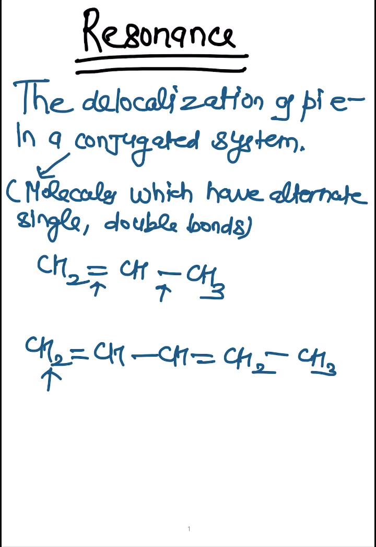Now, what is resonance? Resonance is delocalization of pi electrons. Delocalization means movement, shifting of pi electrons in a conjugated system.